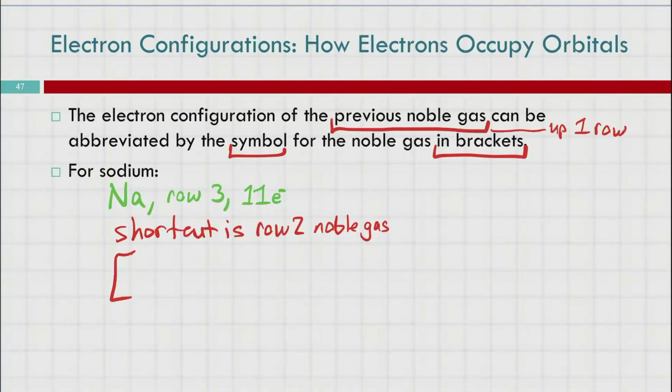And our row 2 noble gas, looking all the way at the far right side of the periodic table, is neon. So in brackets, we're going to place capital N lowercase e, and that accounts for our 1s2, 2s2, 2p6. So that's all woven into our symbol for neon here.